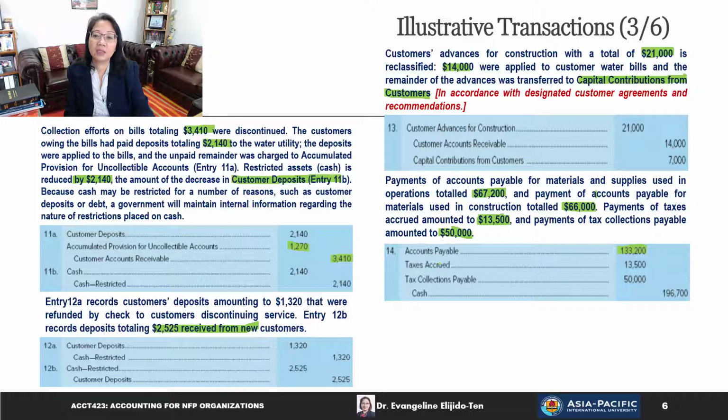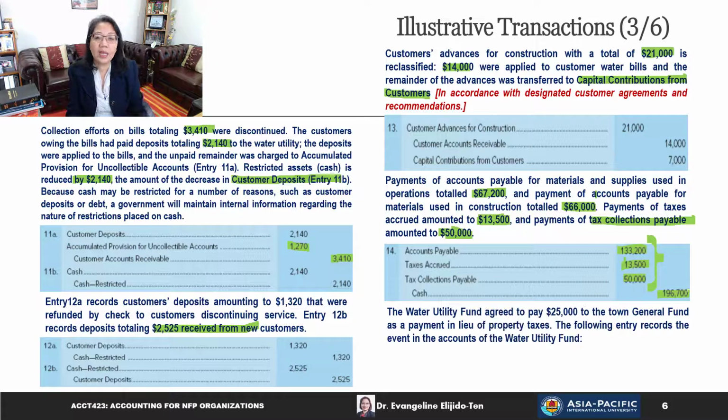So taxes accrued will also be debited for that amount, as well as tax collections payable amounting to 50,000. So we'll also debit tax collections payable 50,000, and credit cash for the total of these three figures. So that's 196,700.